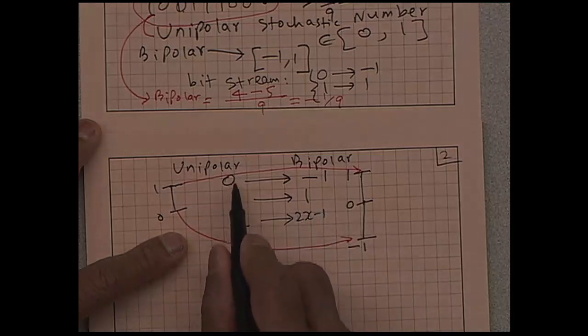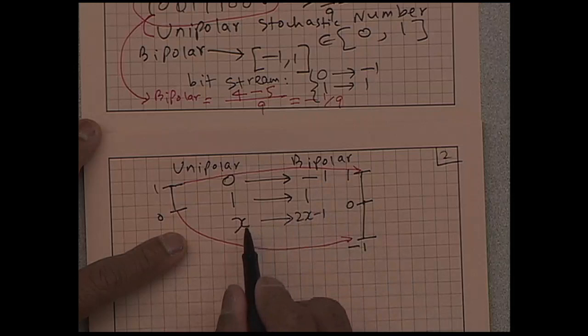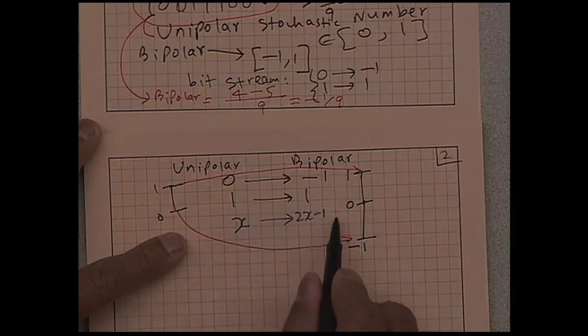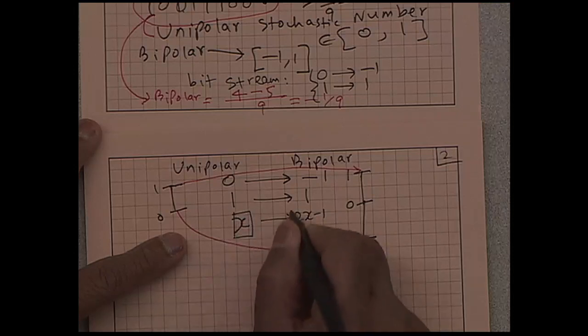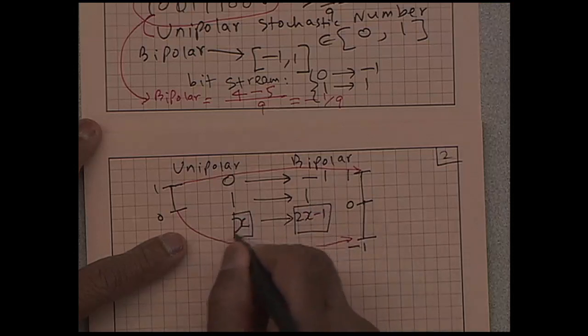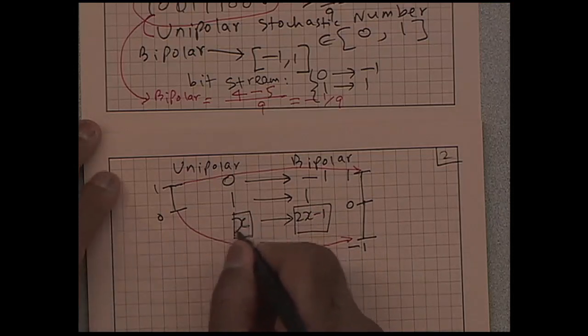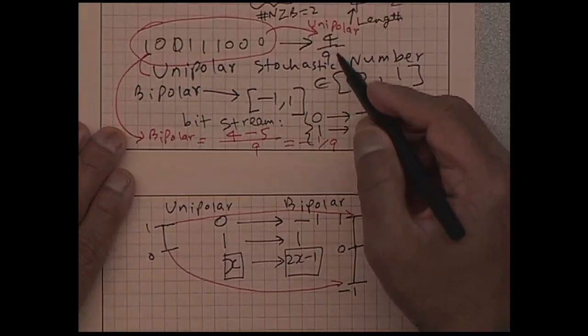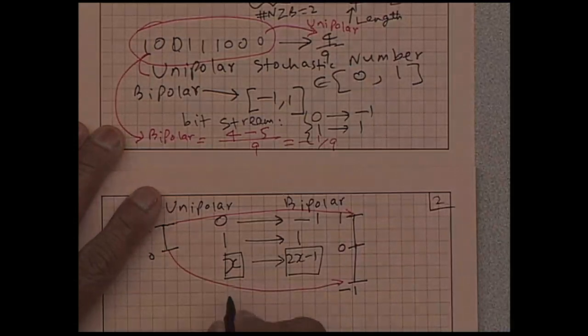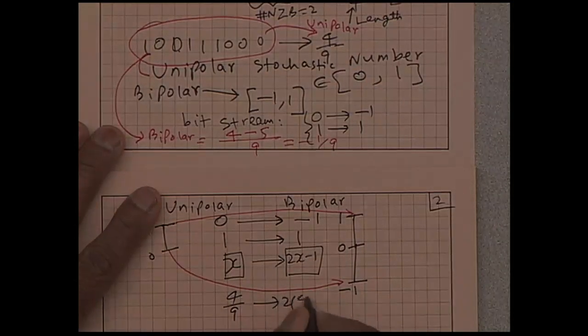So 2 times 0 minus 1 is minus 1. 2 times 1 minus 1 is plus 1. Any value x will map to a value, and x does not have to be 0 or 1. x is the unipolar value. So for example, if I go back to our example, 4 by 9 in unipolar will map to 2 times 4 by 9 minus 1, which is 8 by 9 minus 1, or minus 1 by 9.